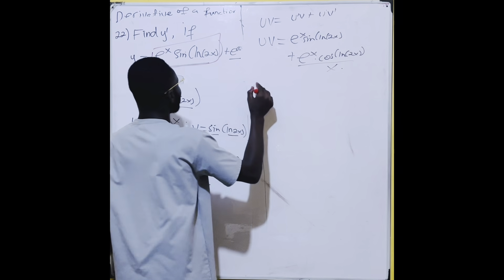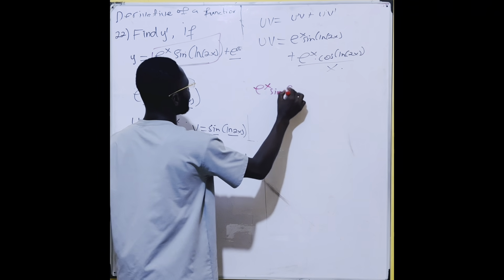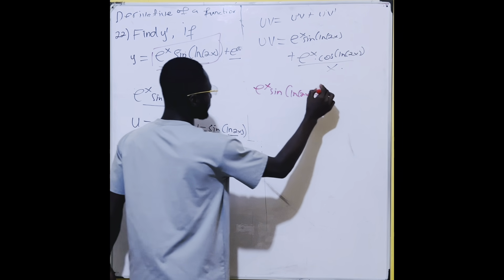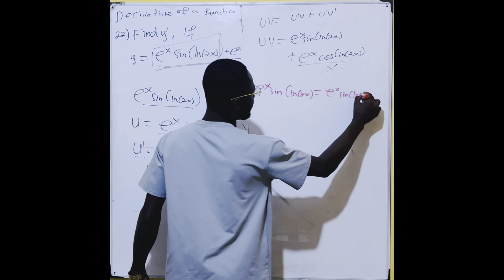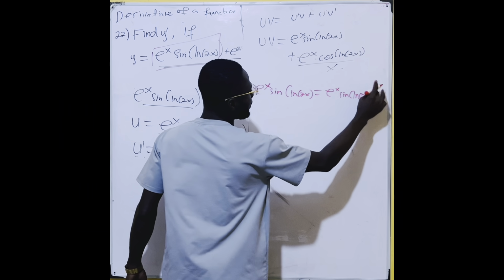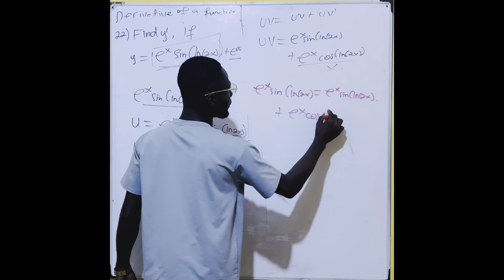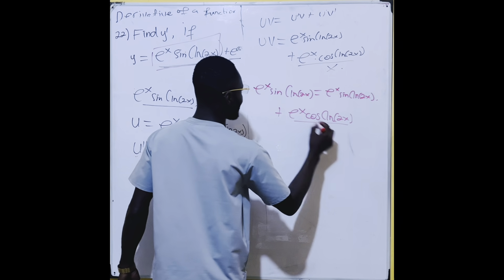So the derivative of e to the x sine into ln into 2x is equal to e to the x sine into ln into 2x plus e to the x cos into ln into 2x divided by x.